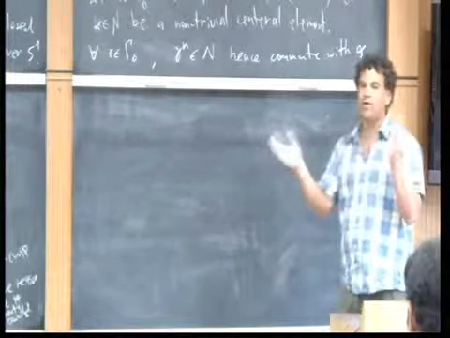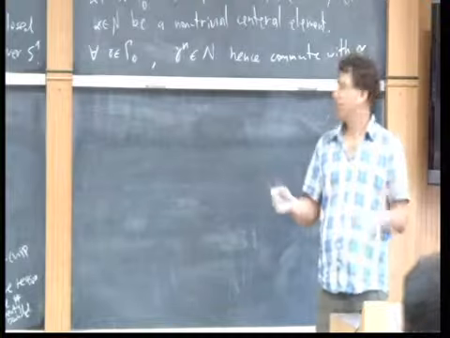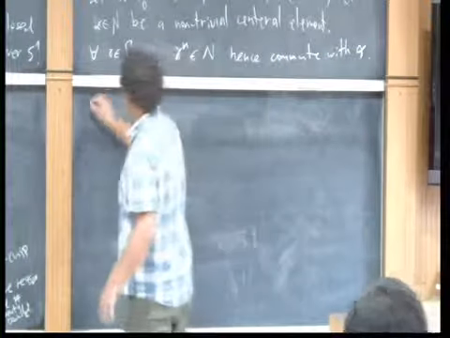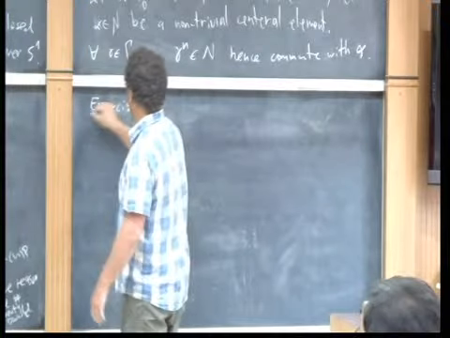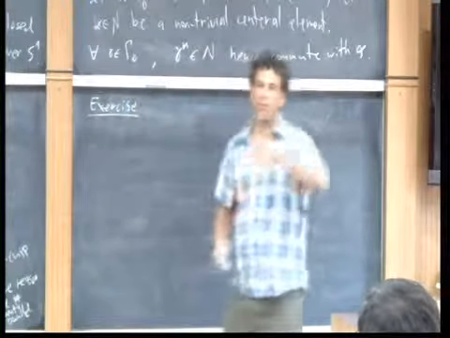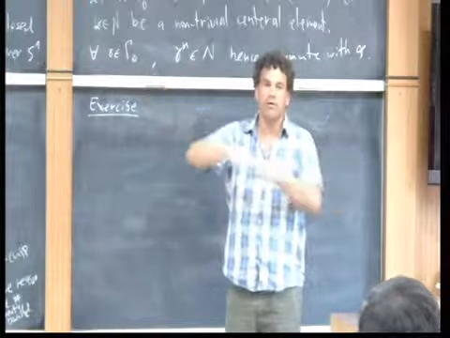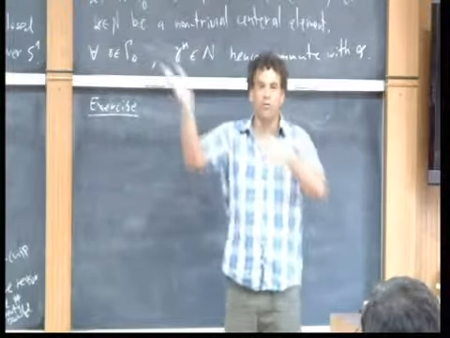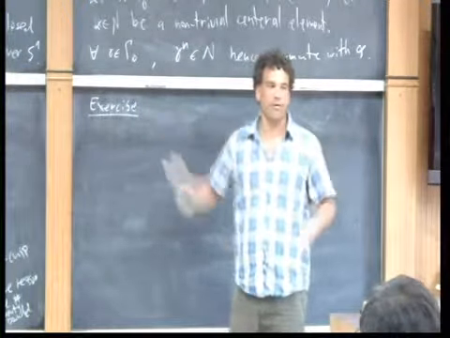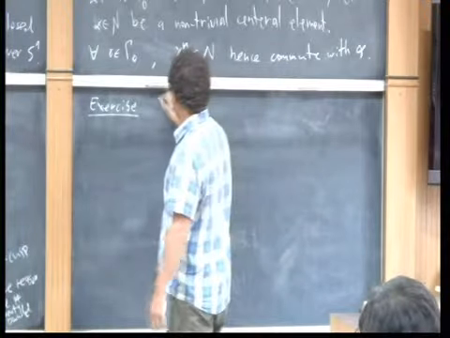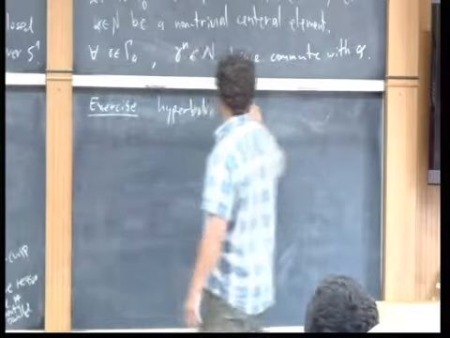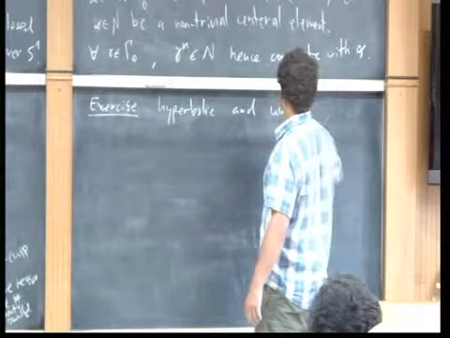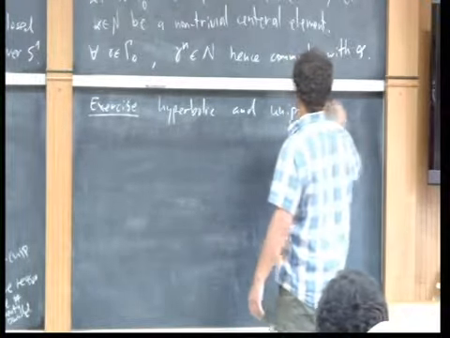Hyperbolic and unipotent cannot commute. This is an easy exercise, because if you commute with a hyperbolic, you must preserve its axis. If it preserves its axis, you move it somewhere. So hyperbolic and unipotent do not commute.